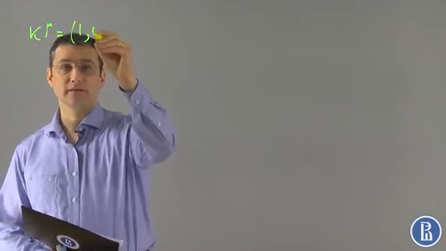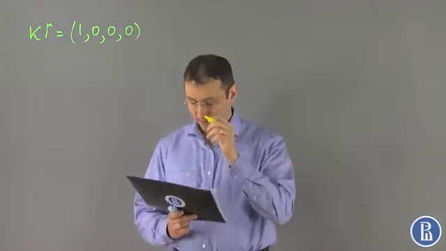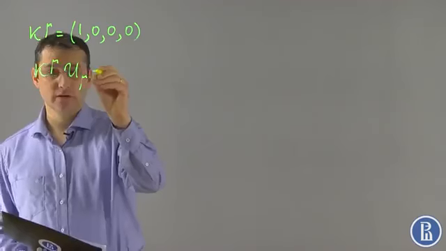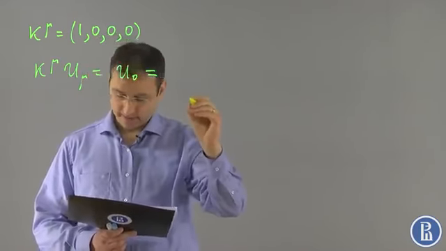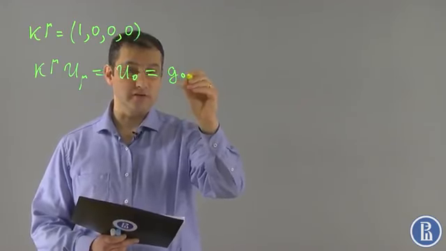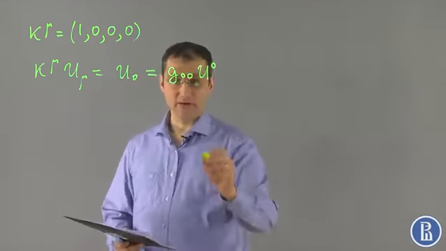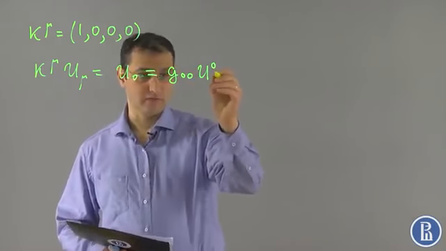So let us consider now this Killing vector, (1, 0, 0, 0), which corresponds to time translations for the Schwarzschild spacetime. Then k^μ u_μ is equal to u^0 g_00.